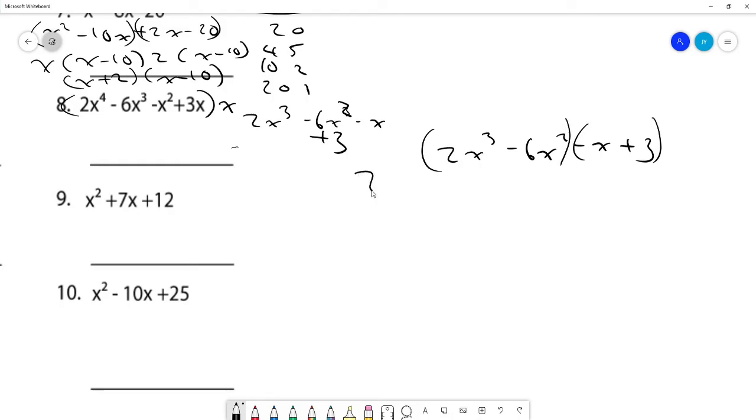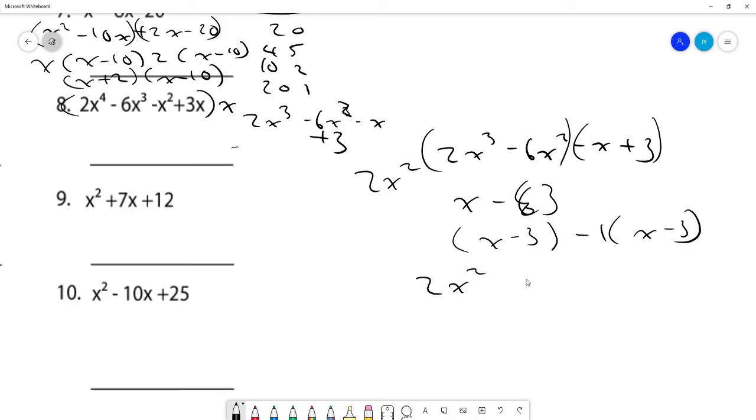So let's do that. 2x squared, taking the like term from both of these, get x minus 3, x minus 3, and you can take out a negative 1 here because you don't want the negative in front. So it's going to be negative 3. So that actually works out well. So it's going to be 2x squared minus 1 over x minus 3. So we're going to put that over there.